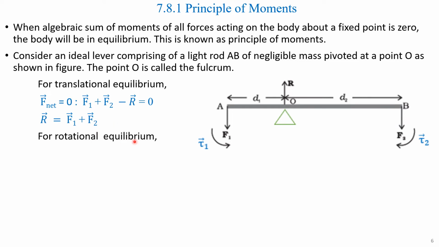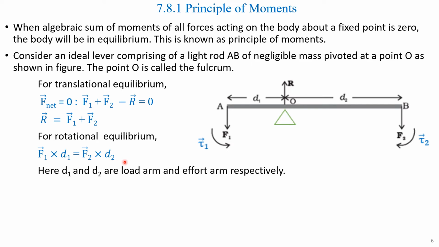For rotational equilibrium, we take the moments about the fulcrum. That is, the sum of moments must be 0. Therefore, F1 times D1 should be equal to F2 times D2.